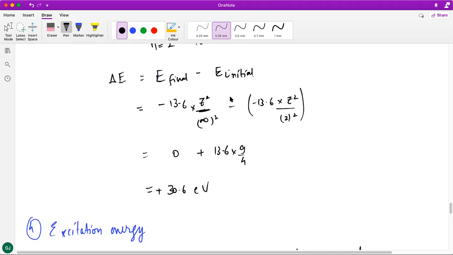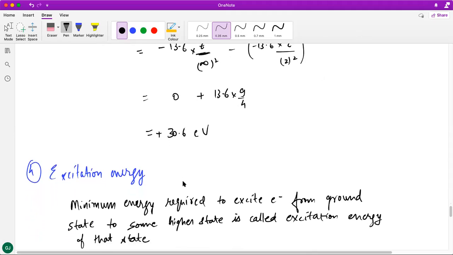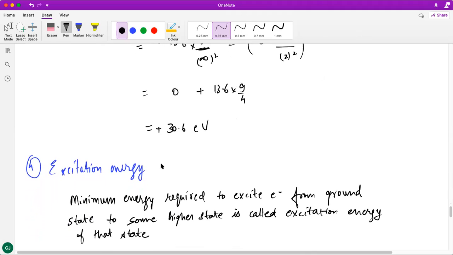Sir, the energy to jump from one orbit to the other. ठीक है, थोड़ा सा और specific होंगे इसमें तो I think that will make more sense. इसमें थोड़ा specific जाएंगे तो यहाँ पर आप नोटिस करना, minimum energy required to excite an electron from ground state to some higher state is called the excitation energy of that state.